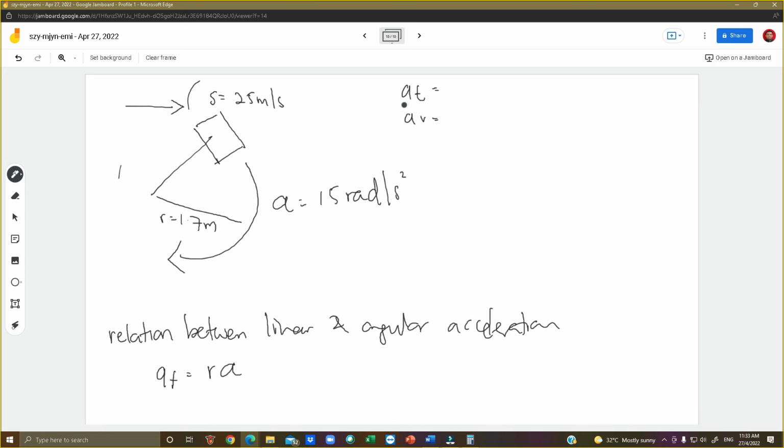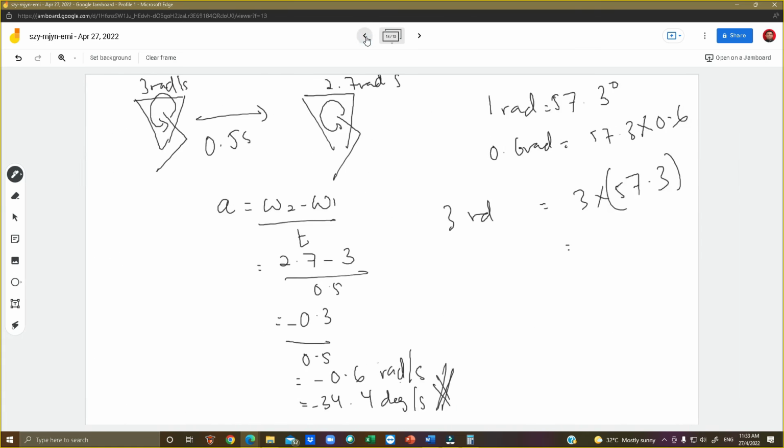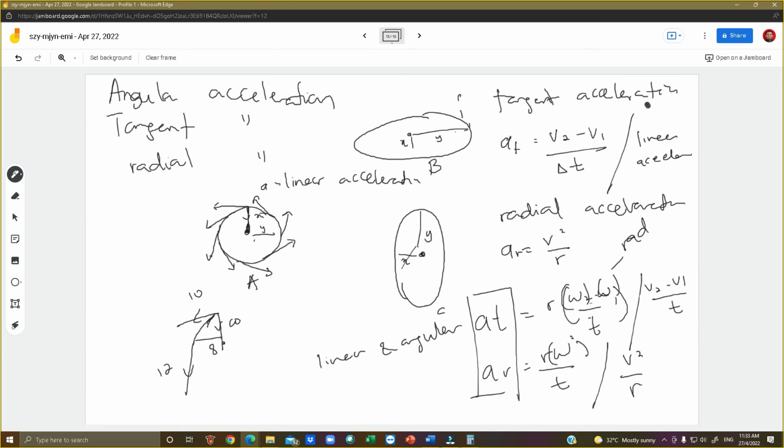Okay, AT ni tangential acceleration, this one. This one is actually linear acceleration.